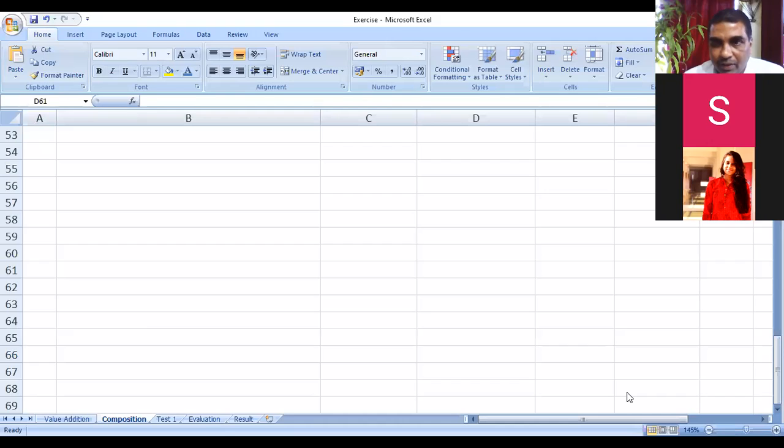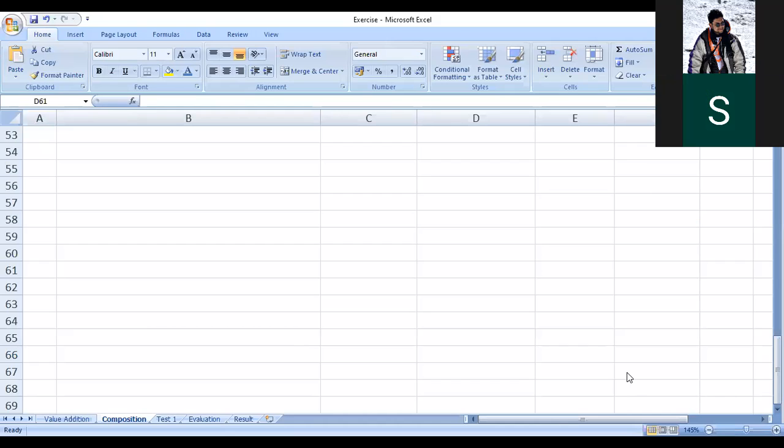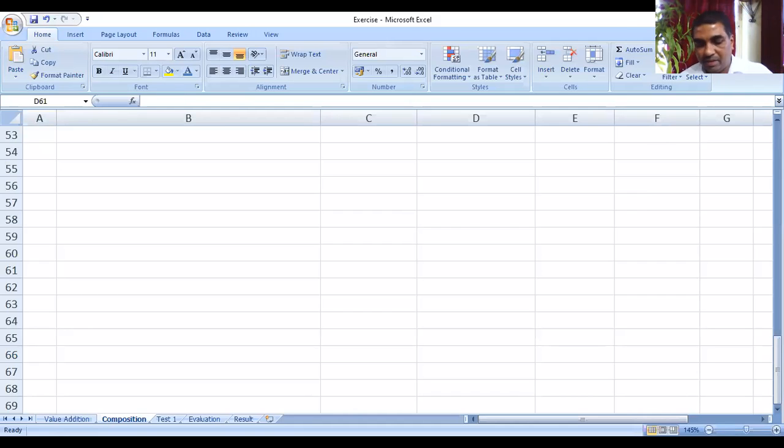I am now sharing an Excel sheet with you. What you are seeing on the screen? A plain Excel sheet? Okay. Are you ready with your pen and paper? So it's a project.